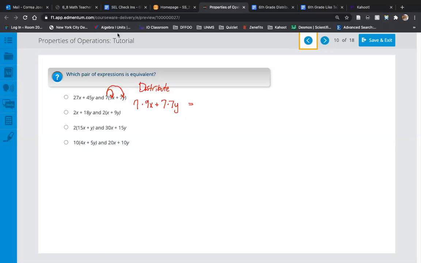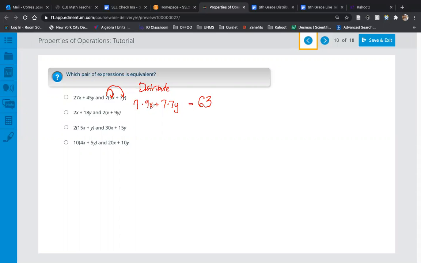So I have 7 times 9 is going to give me what? Anybody help me out with that quick math? 7 times 9. Also remember we have a calculator over here on the left-hand side, right? So 7 times 9 is going to give us 63.